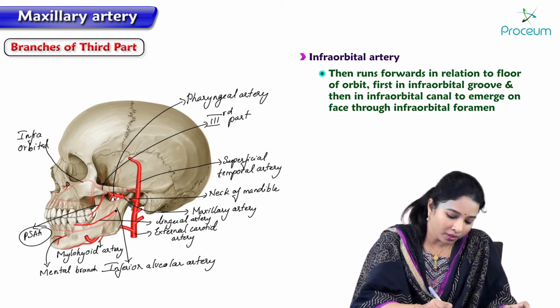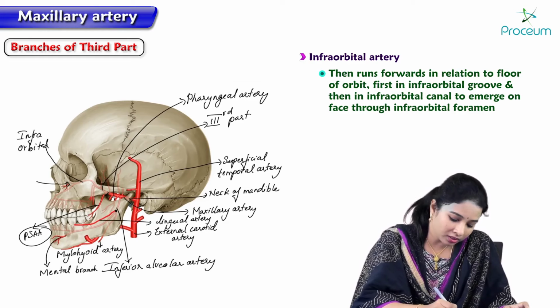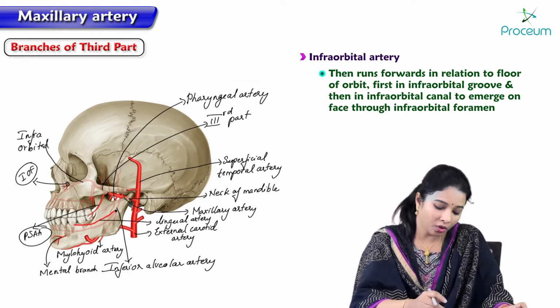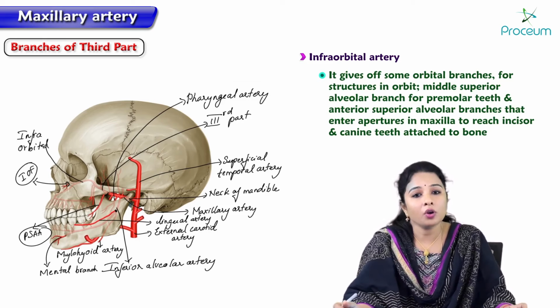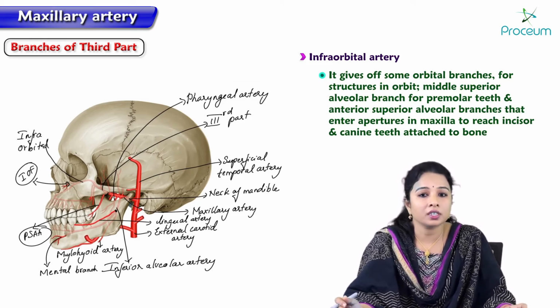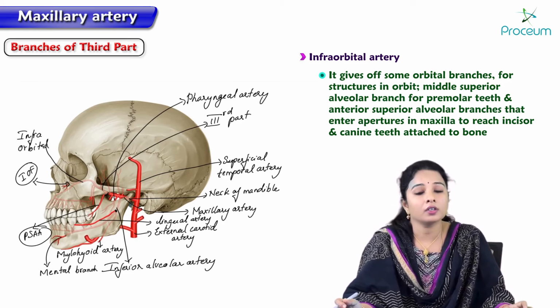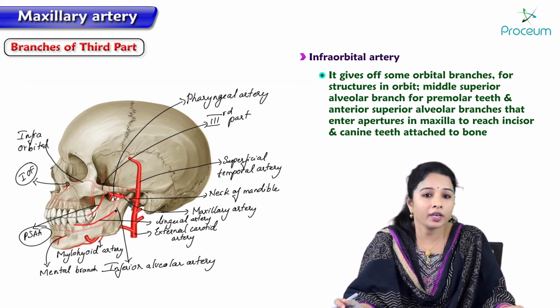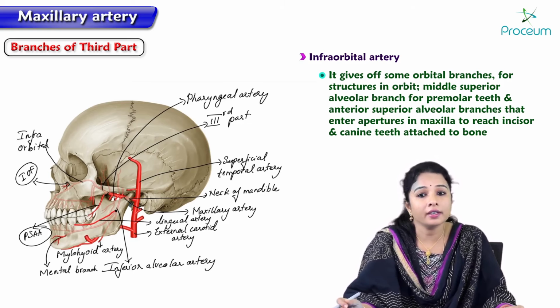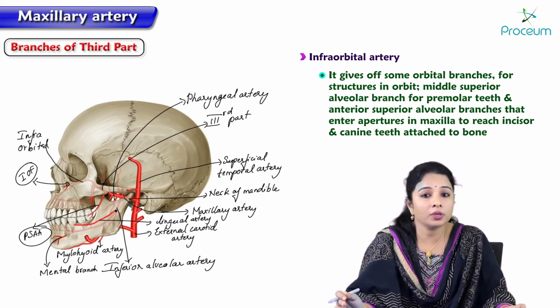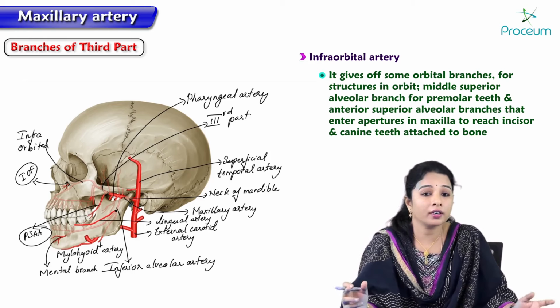infraorbital foramen. So, we can see here this is infraorbital foramen, through which the inferior orbital artery is exiting, and it gives off some orbital branches for structures in the orbit, and it also gives rise to middle superior alveolar branch for premolar teeth and anterior superior alveolar branch that penetrates into the maxilla to reach incisors and canine teeth and attach to the bone.